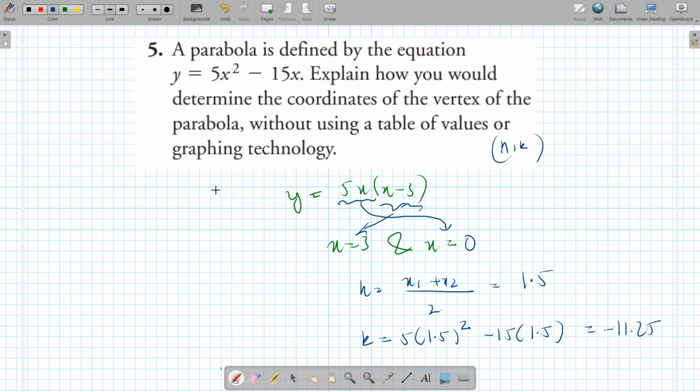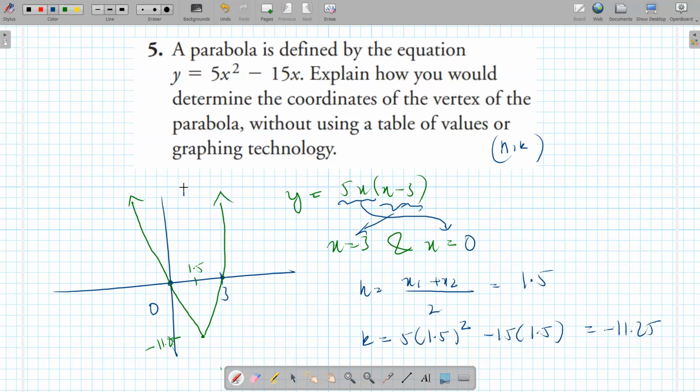So this graph has an x-intercept at 3, and an x-intercept at 0. If it has an x-intercept at 0, it automatically has a y-intercept at 0. It's opening upwards, and we know the vertex is at 1.5 and negative 11.25 right there. So this is the graph of this parabola.